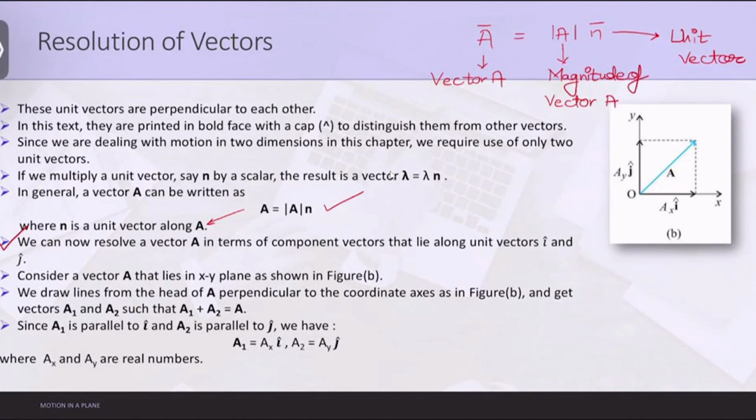In the previous example, when we started understanding the resolution of vectors, there was some vector a, and it can be written as some lambda times a vector plus some mu times b vector. Similarly, this vector a can be written as some lambda times i vector plus some mu times j vector. These are unit vectors only.